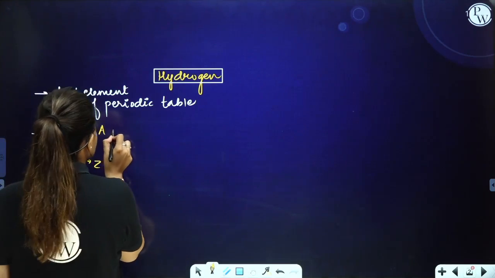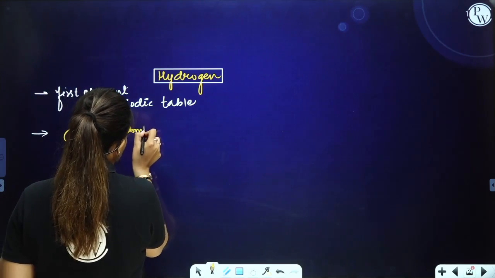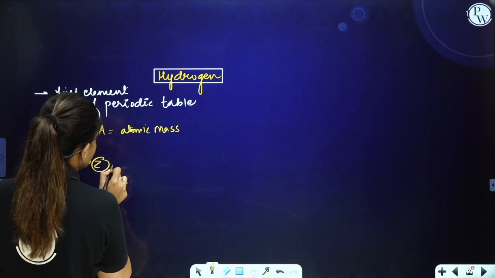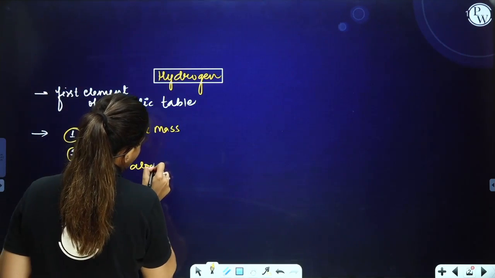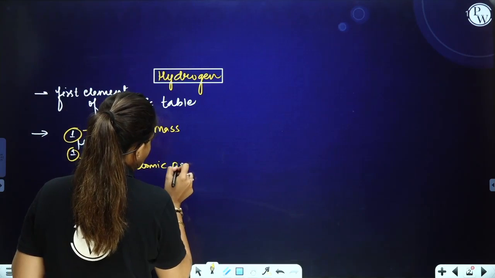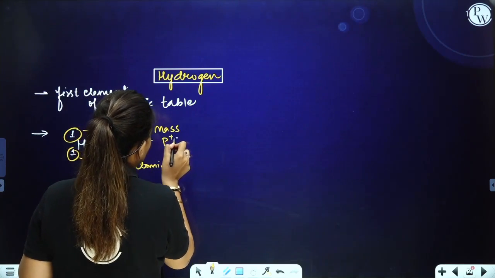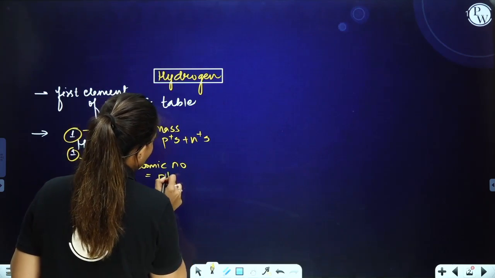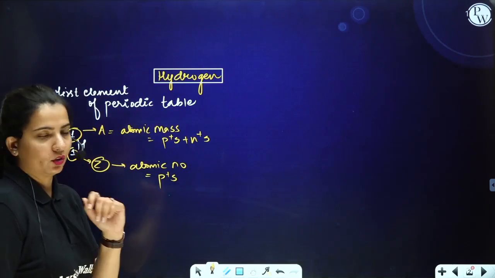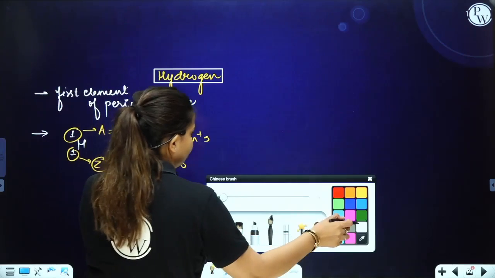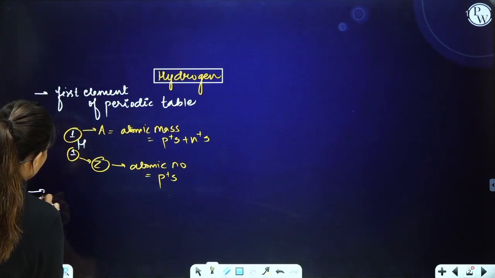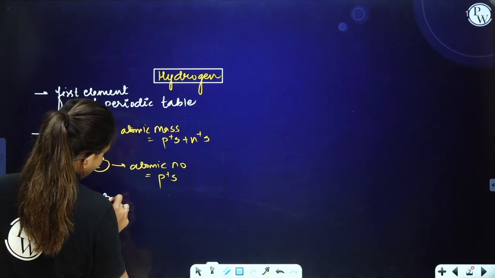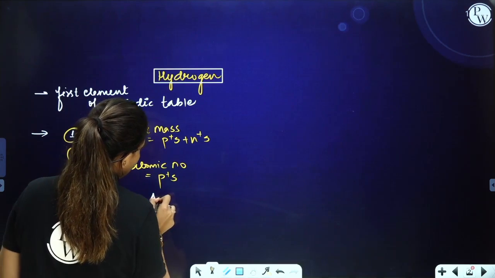Atomic mass is equal to number of protons plus number of neutrons, whereas atomic number is only the number of protons, right? After that, if you talk about the number of neutrons, then that is considered as A minus Z.